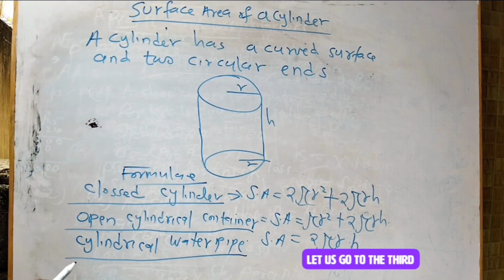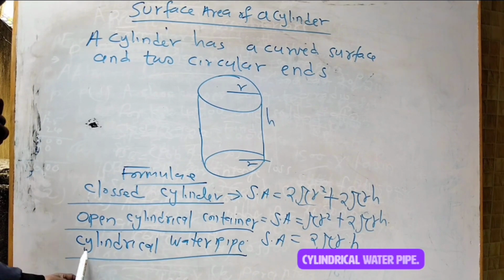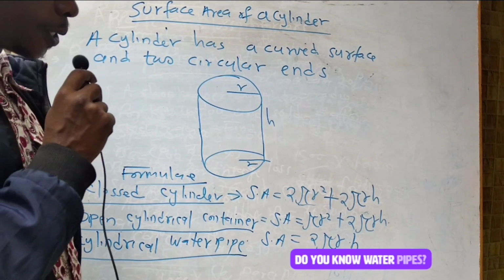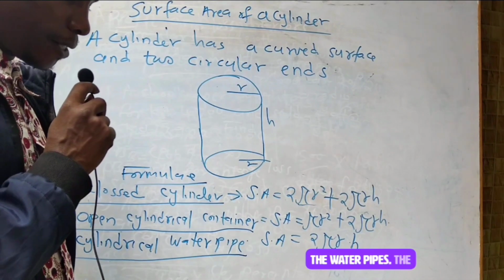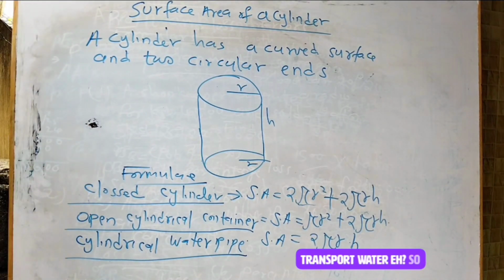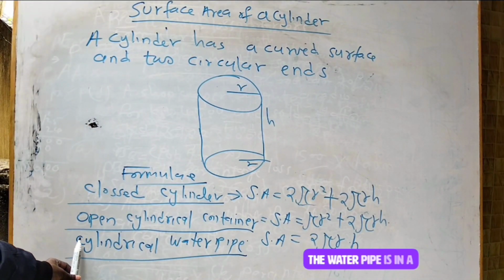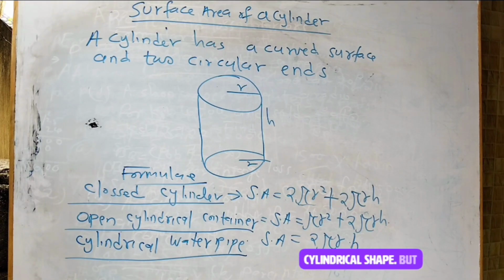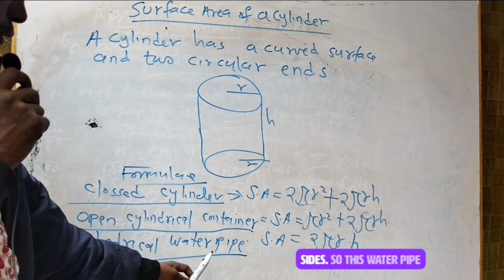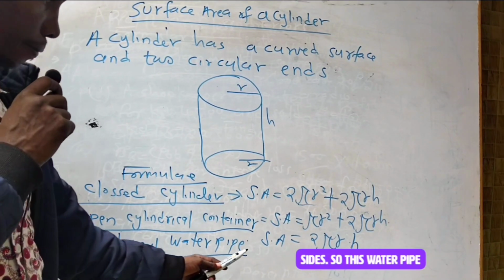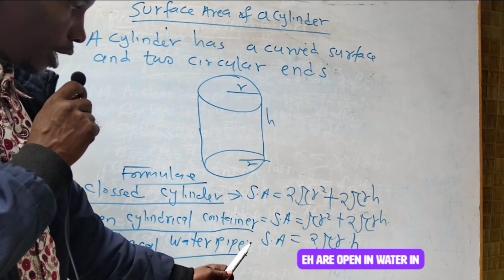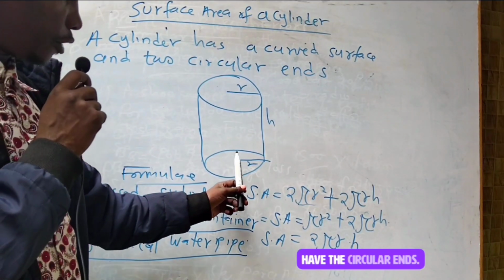Then let us go to the third kind of cylindrical solid. We have a cylindrical water pipe. Do you know water pipes? The pipes that are used to transport water. The water pipe is cylindrical, but they are open on both sides, so they don't have the circular ends.